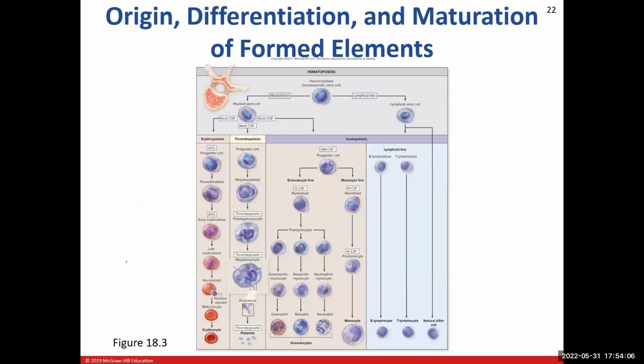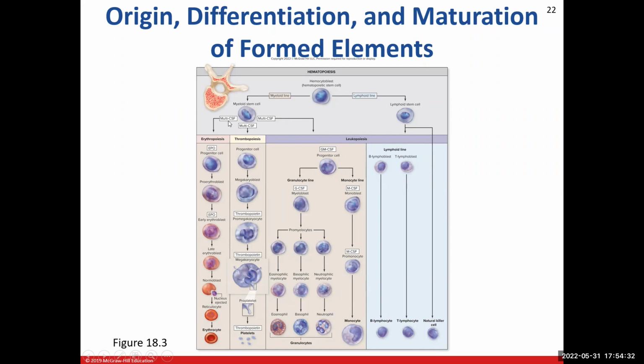Here it is. And so you can see here on this diagram, we have our pluripotent cell right here, the hemocytoblast. And like I told you, it can go into one of two cell lines. If it's going the lymphoid line, easy, it's only going to become a lymphocyte. If it goes the myeloid line, then it's got several different choices.